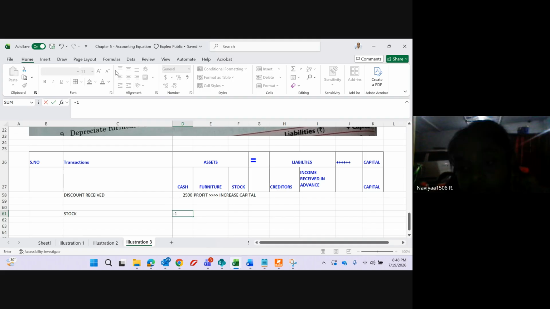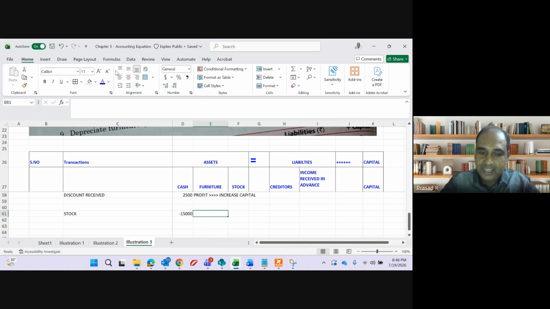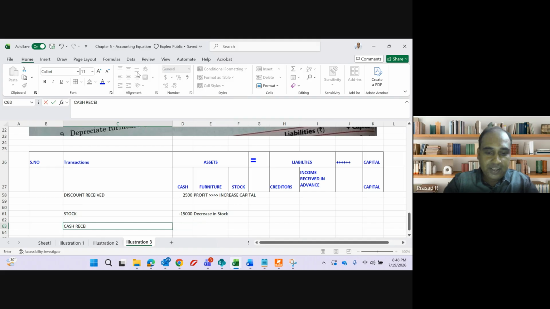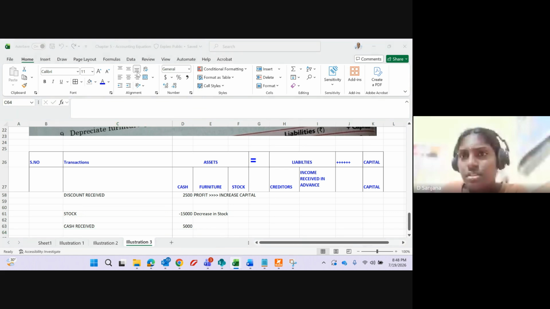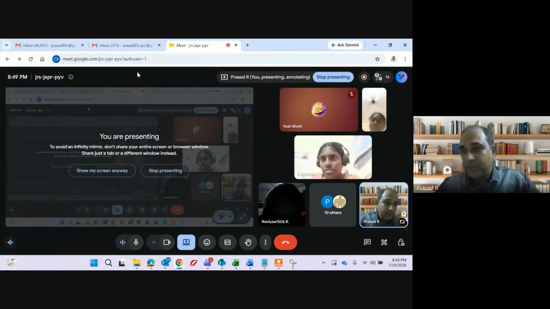Stock will reduce. Decrease in stock 15,000. For 18,000, how much am I selling? 18,000, out of which 5,000 received in cash. So cash received is 5,000.